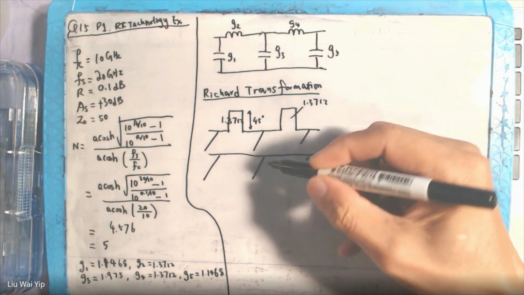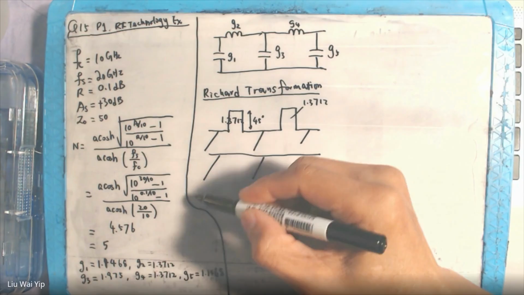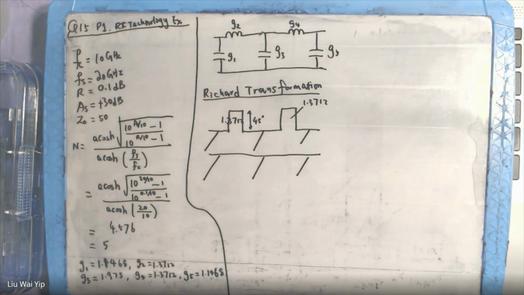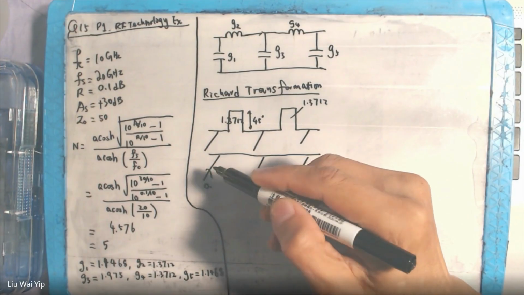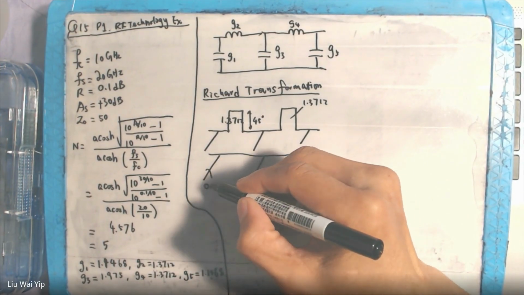For this one, it will be 1 over the gain.